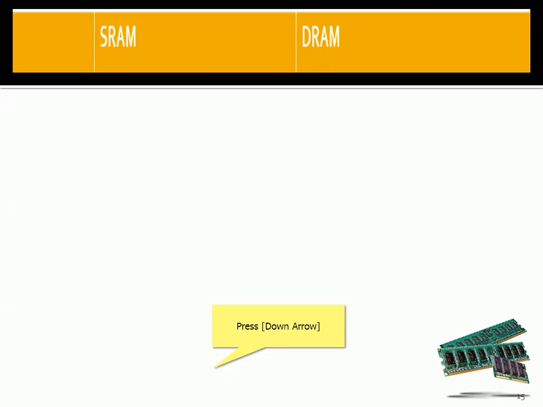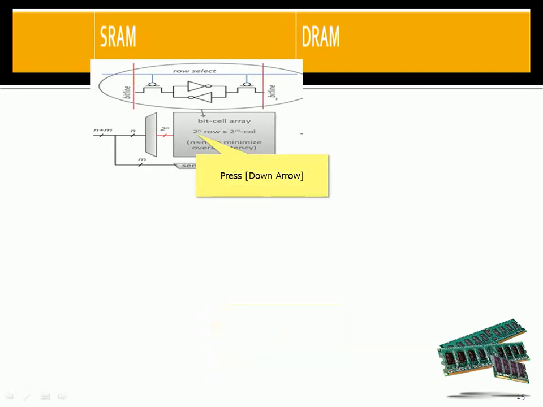Coming to this discussion, we have what is called the SRAM cell. We have seen that it contains two transistors and diodes, where the base is connected to the word line and the other side is connected to the bit line.